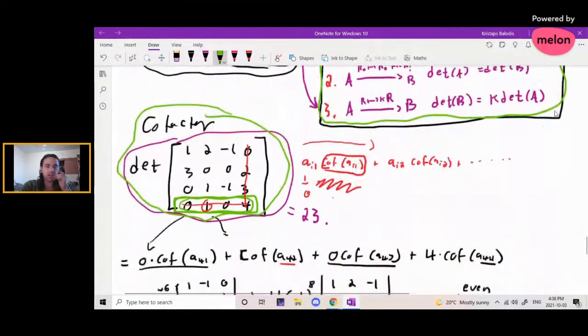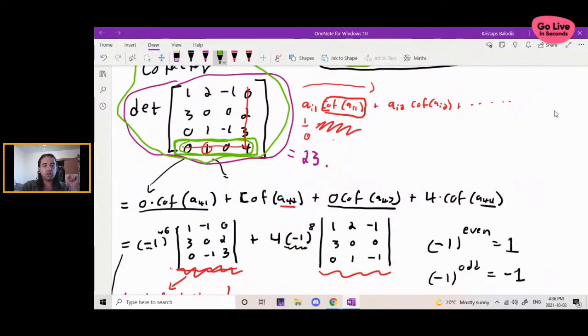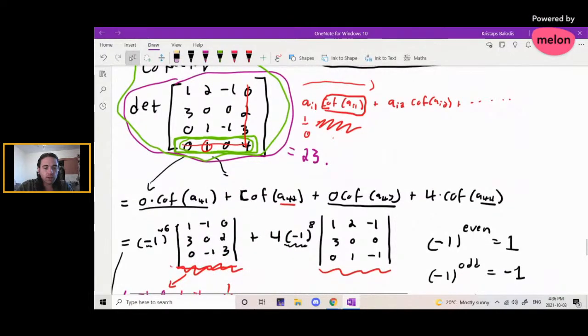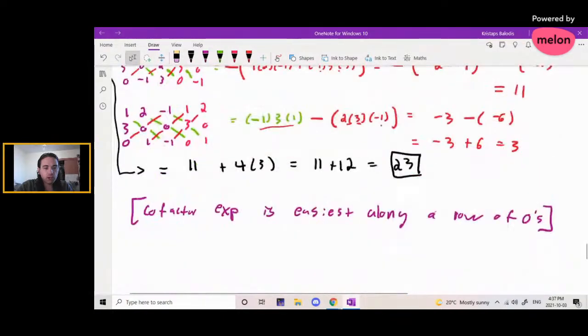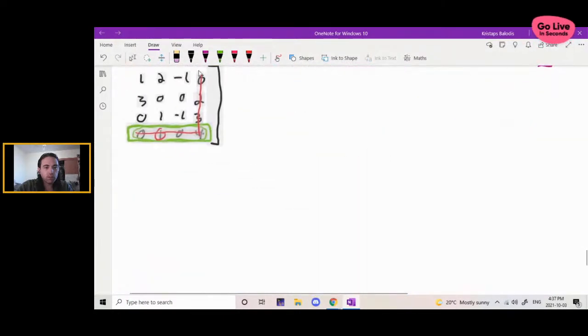So let's look at an example in this case. Do I have a copy tool? I probably have a copy tool here. I can just lasso this matrix. Sweet. And now I can just drag and drop this down. Great.